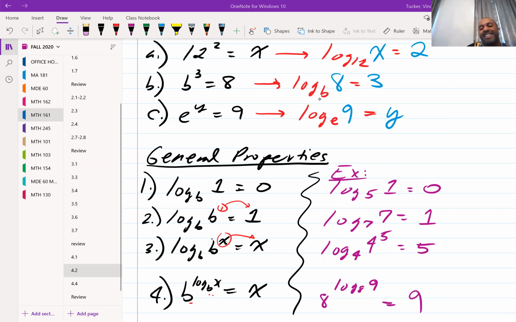And so over here in the purple is just many examples of what's going on. Just put numbers on it. Log base 5 of 1 is equal to 0. Log base 7 of 7 is equal to 1. Log base 4 of 4 to the 5th power is equal to 5. Once again, that part cancels, leaving you with just the 5. And then 8 to the log base 8 of 9.